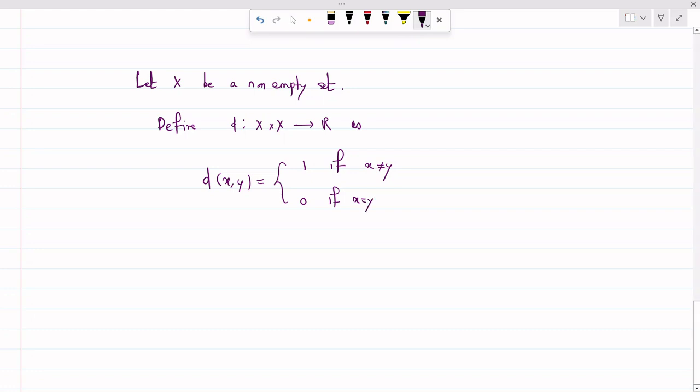Now this is again a metric because we can easily understand that d of x,y is non-negative because its values are 1 and 0, so it is obviously greater than or equal to 0. It is 0 if and only if x equal to y, right? So that condition is proved. d of x,y is the same as d of y,x. And again we can prove the triangle inequality. That's quite easy to understand.